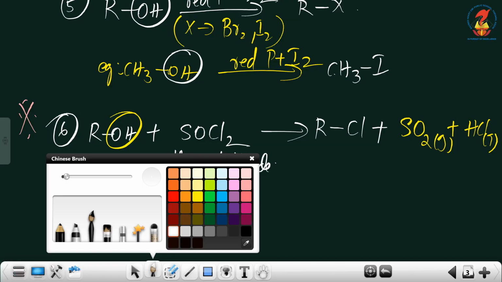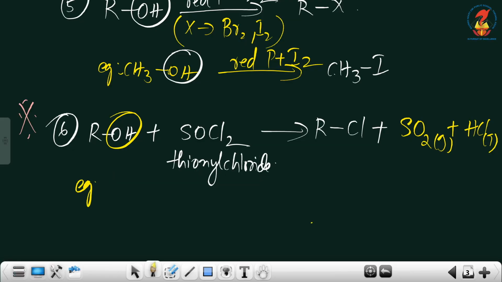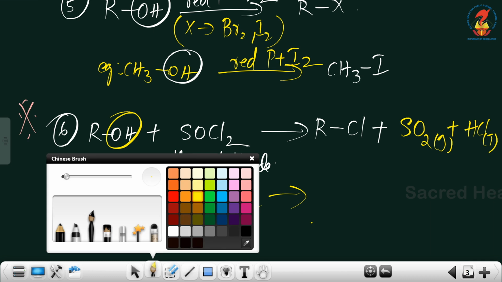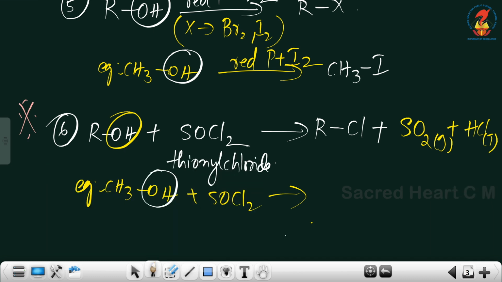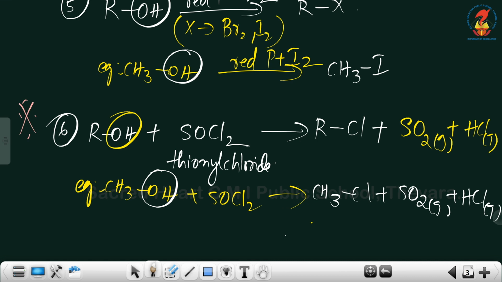For example, CH3OH on reaction with SOCl2, that is thionyl chloride. What is the basic reaction happening? OH will be replaced by Cl. So we get CH3Cl plus SO2 gas plus HCl gas.